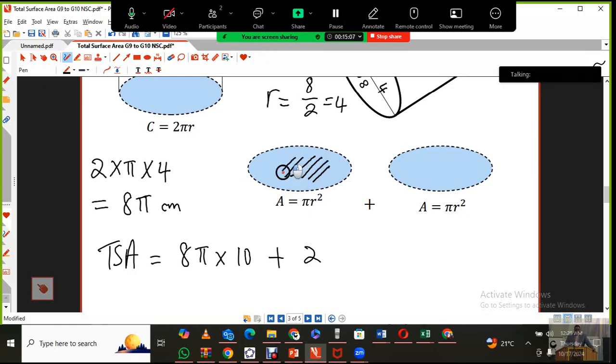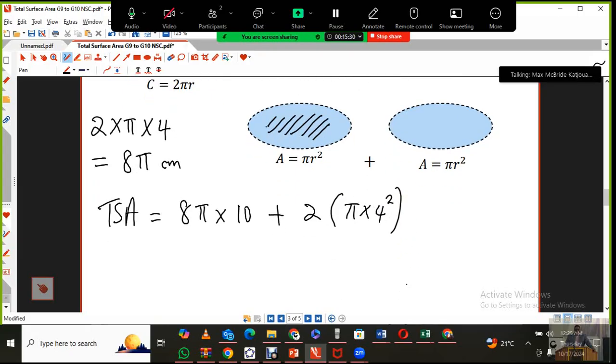So this is the base, and the formula is pi r square. Pi r square plus pi r square will give you 2 of them. So it's 2 times pi. What is the radius? 4. Times 4 square. So this whole answer will give us our total surface area.